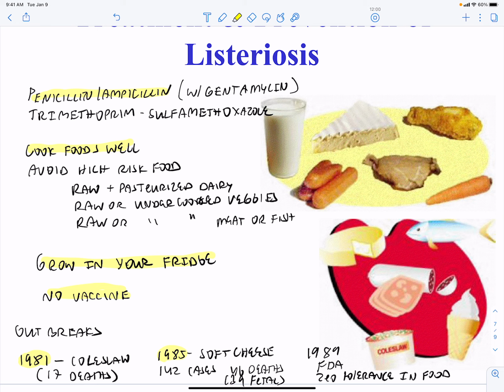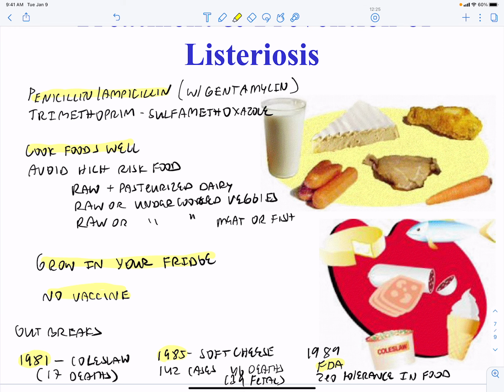Of those 46 deaths, 39 fetal deaths. And then in 1989, the FDA created a zero tolerance in food regulations. And so they go around and they randomly sample plants or production facilities that make these products, such as meat processing plants, and they continue to update their regulations.